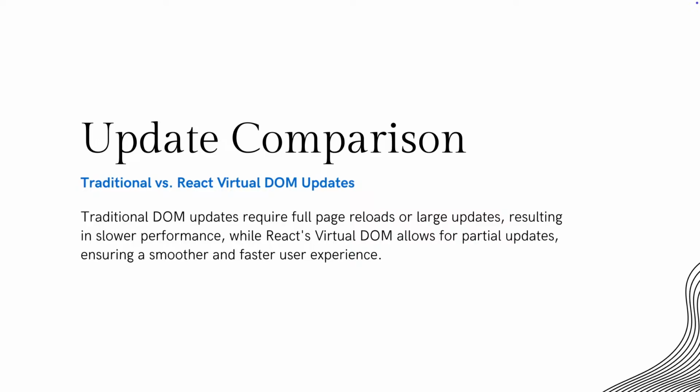Now let's understand the difference between full update versus targeted update. In traditional JavaScript, large parts of the DOM may get updated, but in React, only changed parts get updated. The rest of the UI remains untouched. This reduces browser workload and improves performance.